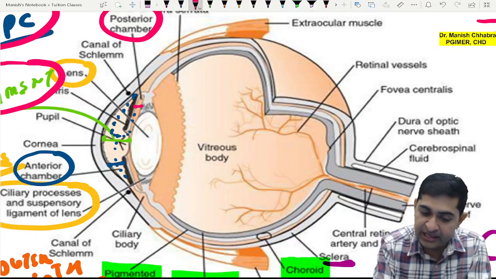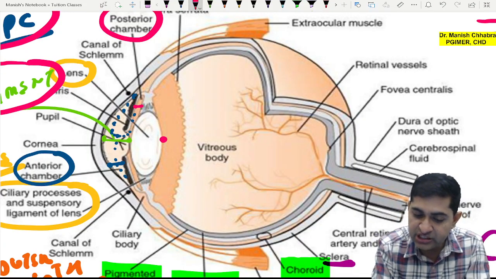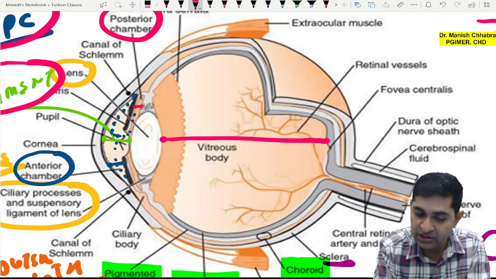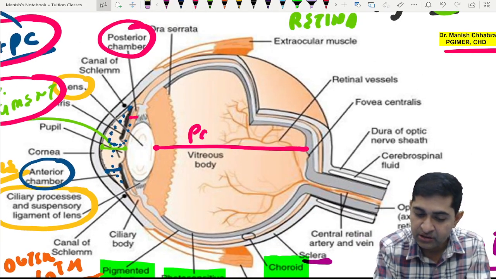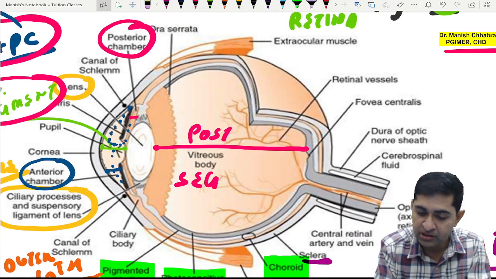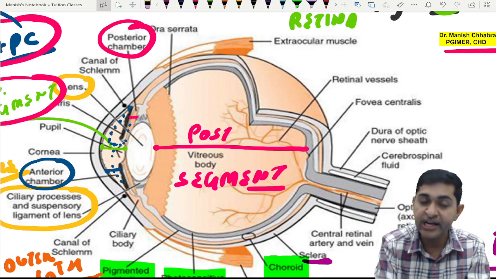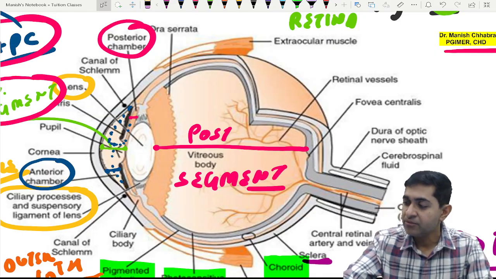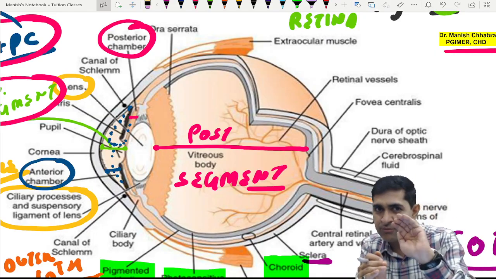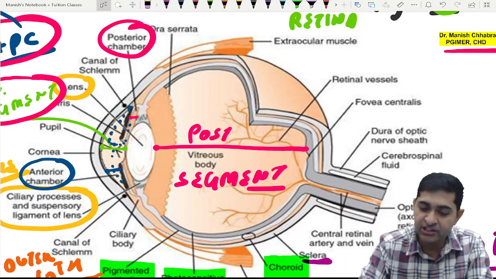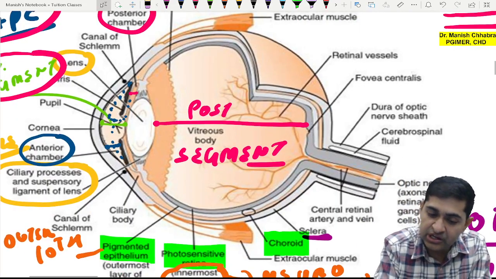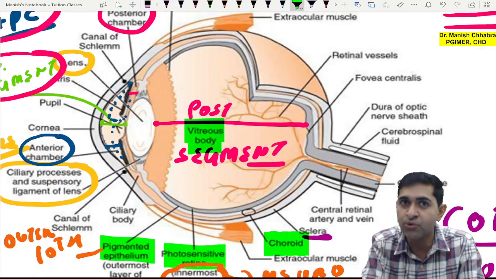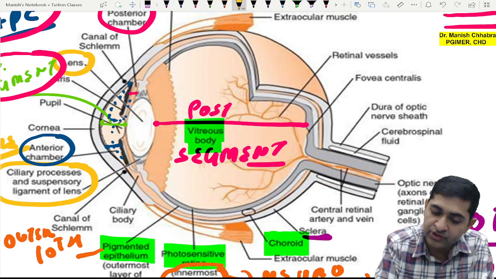Now, the line from the posterior surface of the lens to the anterior surface of the retina is known as the posterior segment. Anterior is the cornea till the anterior surface of the lens. Posterior segment is from the posterior surface of the lens to the anterior surface of the retina. This contains, as it is written, the vitreous body or vitreous humor. So what is the vitreous body?